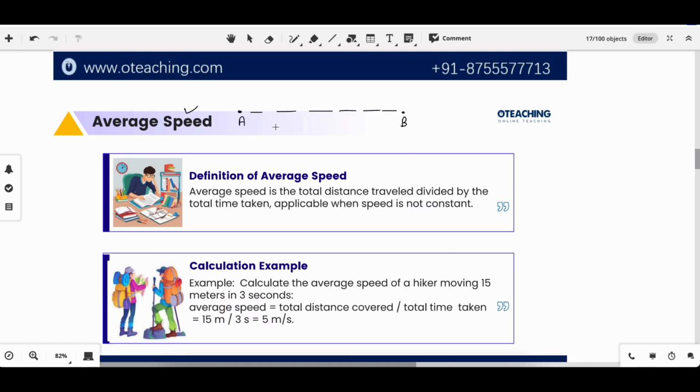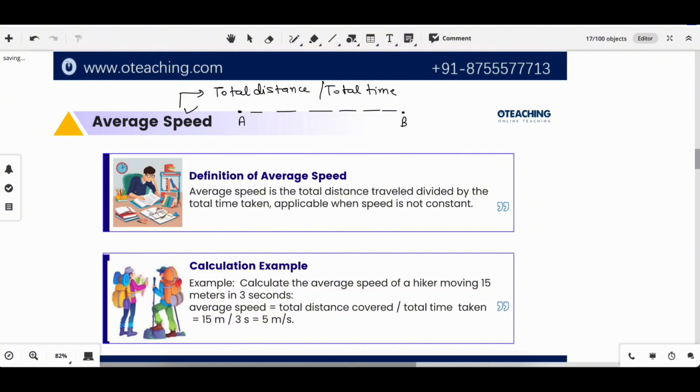If you are traveling in a car, you could see that the speedometer keeps changing, and it depends upon the traffic, the roads, the condition of the roads. So average speed creates a uniformity. How do you calculate the average speed? Average speed is total distance covered divided by total time taken.